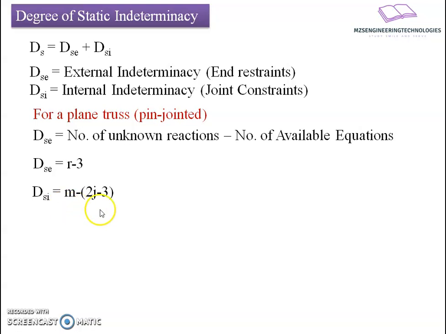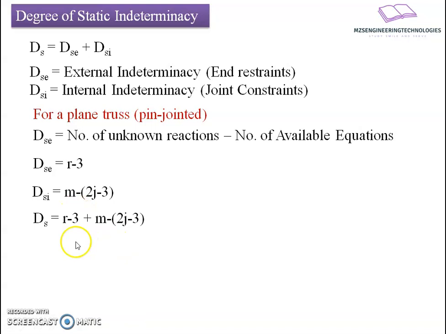What I have done here is take the equation used for identifying whether the truss is perfect or imperfect depending on member compatibility and rearrange it in the format m minus 2j, so that the resultant will define the count of member force unknowns. The dsi is equal to m minus 2j minus 3.